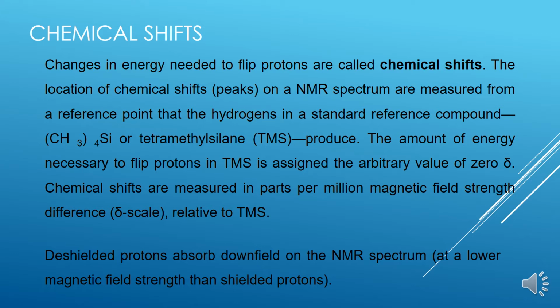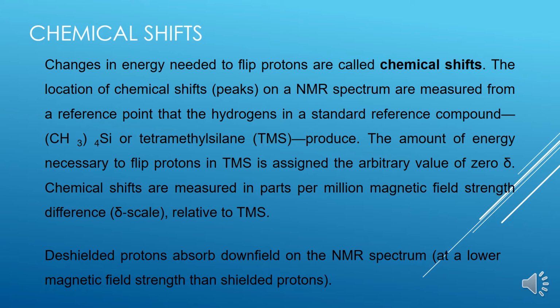Therefore it is taken as the reference compound for NMR spectra, and chemical shifts are measured in parts per million of magnetic field strength difference, that is the delta scale, relative to TMS. The TMS peak will be observed at 0 ppm.